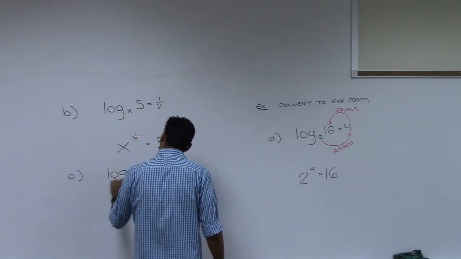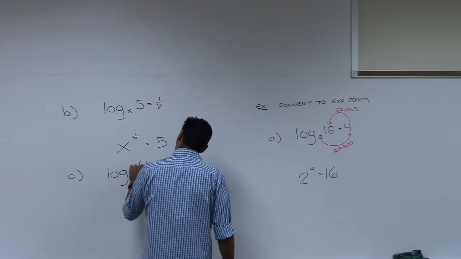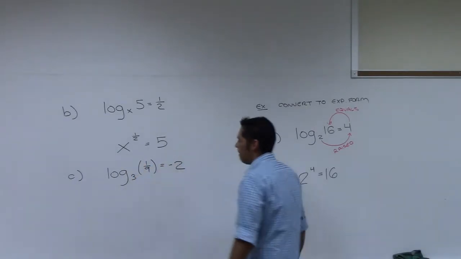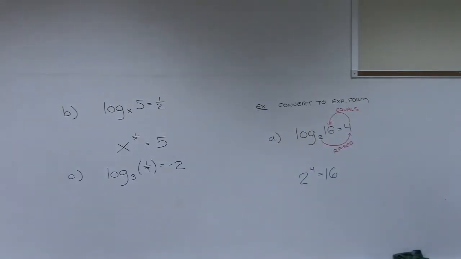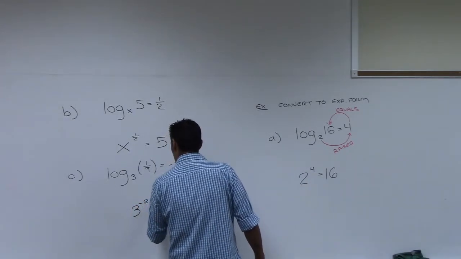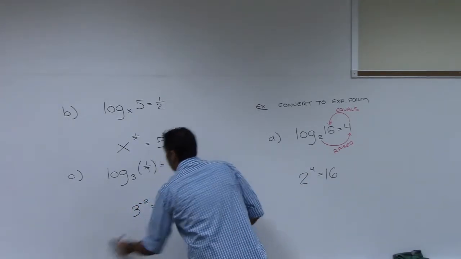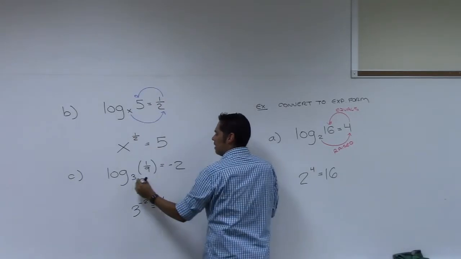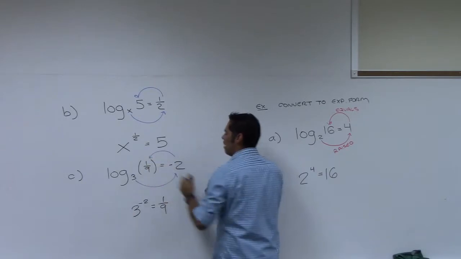Log base 3 of 1/9 equals -2. 3 to the -2 equals 1/9. So in both of these problems, I was doing the loop. X raised to that is 5. Here, 3 raised to -2 is 1/9.